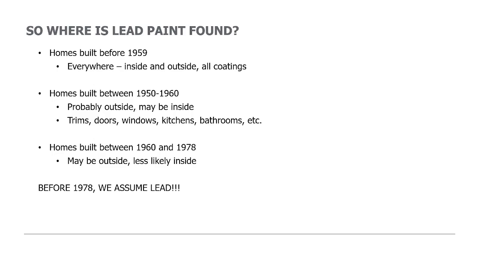It might be on the inside, but it's probably going to be on your trims, doors, windows, kitchens, bathrooms, etc. And then from 1960 to 1978, it's a lot less likely to be inside. So if there's paint that was applied before 1978, stay safe, assume that there is lead in the paint, and take the proper measures to protect ourselves from that lead.